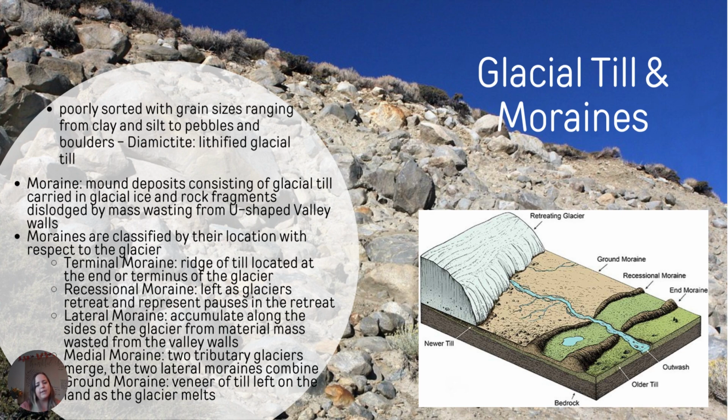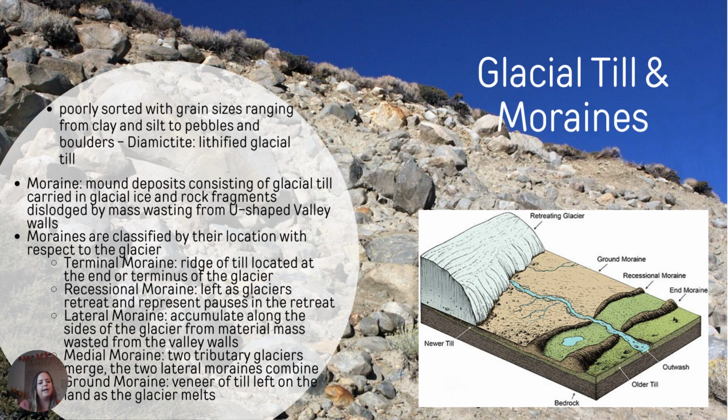With glacial till, we can be more specific about its deposition by calling it a moraine. A moraine is a mound of deposits consisting of this glacial till, and it can form a bunch of different types of moraines. We can see terminal moraines, recessional moraines, lateral moraines, medial moraines, and ground moraines. It really just depends on where and why the moraine was in place.